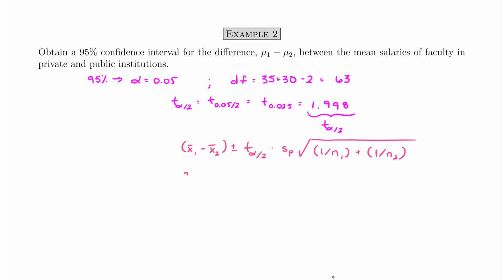So in this case we have 98.19 minus 83.18, plus or minus, we use that value we just computed, 1.998, times our pooled standard deviation, which we found in the previous example. It was 25.19, so we won't go through and recalculate that.